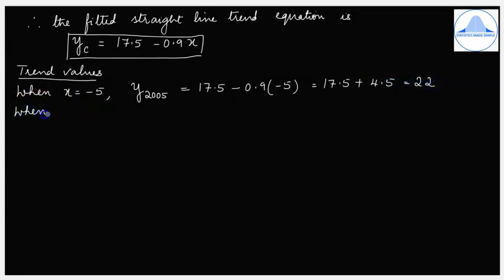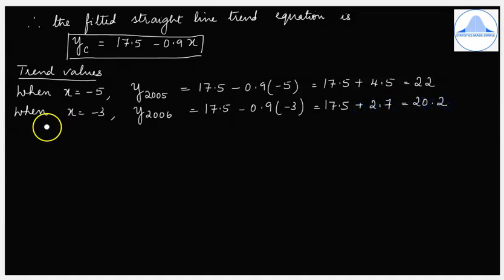Similarly, when x is equal to minus 3, that is y 2006 will be equal to 17.5 minus 0.9 into minus 3, which is equal to 17.5 plus 2.7, which is equal to 20.2.